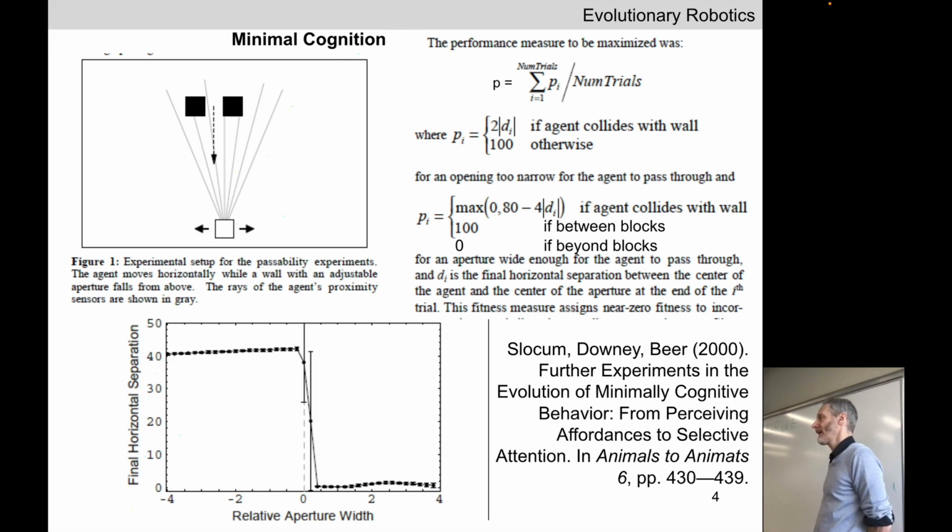A lot of times it's not lining itself upright. So if we look at this black dot here, most of the time when the aperture width was exactly the width of the robot, which is impassable, the robot runs away, but sometimes not. The black dot is the average behavior the robot did in those conditions.